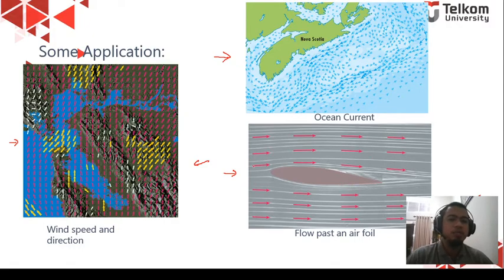This is the design of the wing, and this is the air. So this is the application of low flow path and airfoil. There is a direction for every application here. In these applications, we use the vector field as the representation of the direction for the wind speed, ocean current, or low flow path in airfoil.